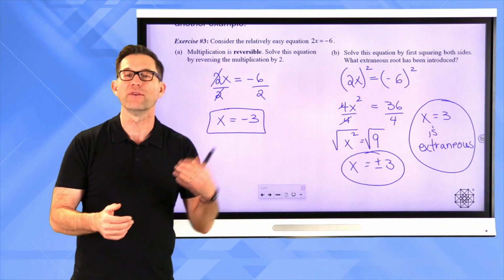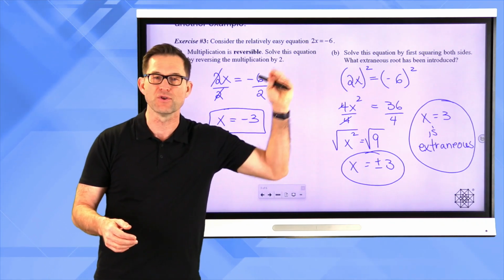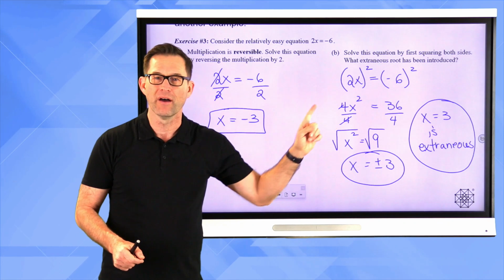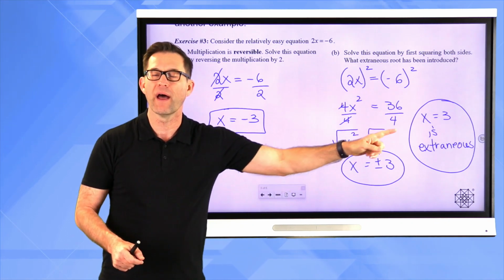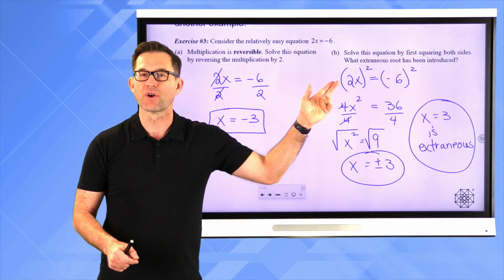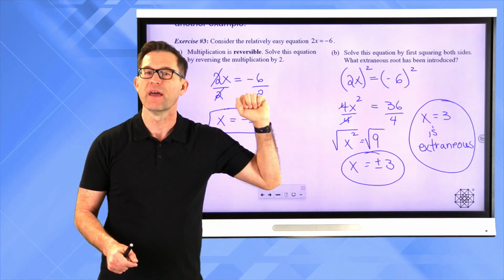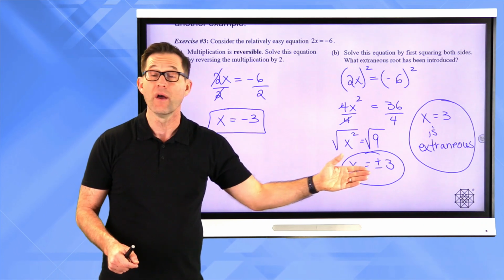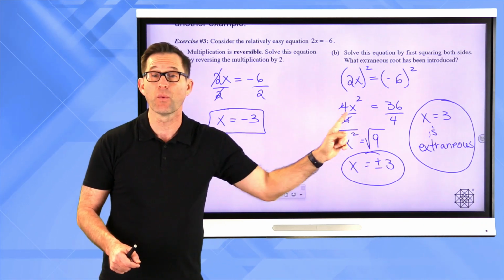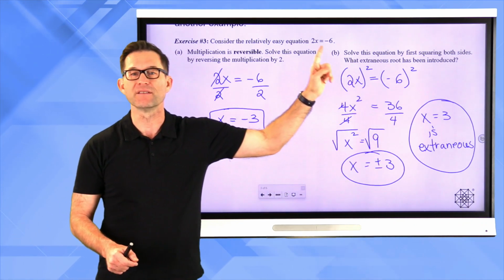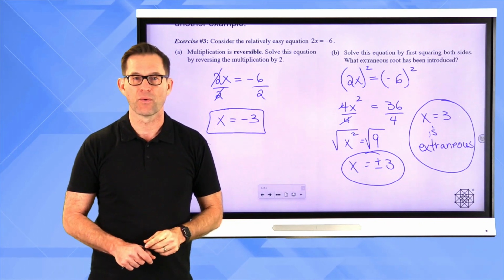Now I know, and you know, that this was the original equation. But the algebra doesn't particularly know at this stage whether you started with 2x equals 6 or 2x equals -6, and therefore it produces two valid solutions to this equation, but one of them is not valid to that equation.